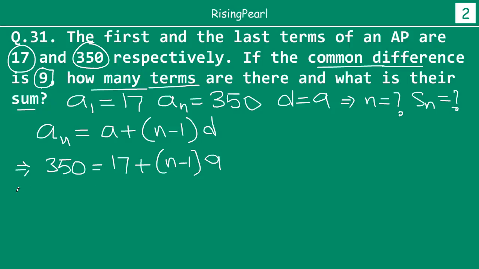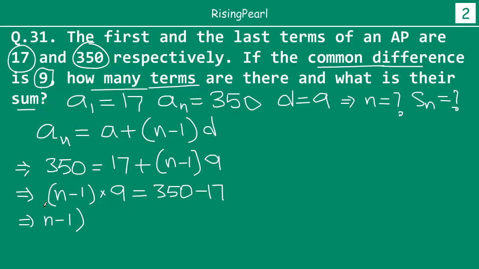If we solve this, n minus 1 times 9 is equal to 350 minus 17. So n minus 1 will be equal to 350 minus 17, which is 333, divided by 9.